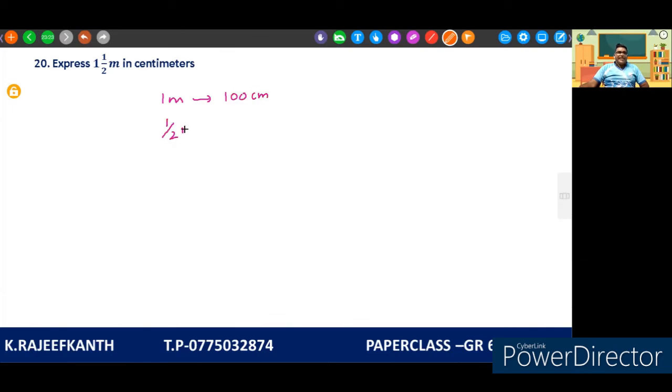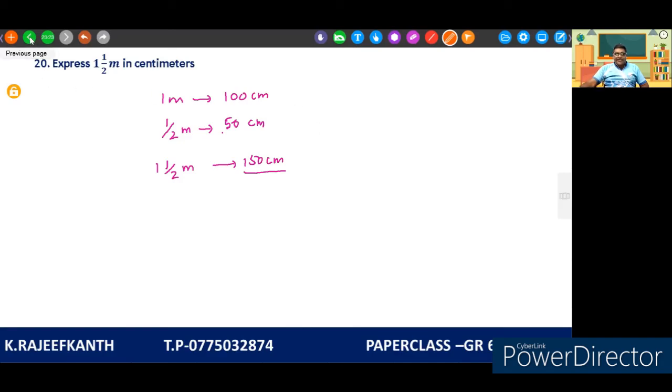Then half meter is equal to 50 centimeter. Then if we convert this 1.5 meter into centimeter, we get the answer as 150 centimeter. Because in 1 meter there are 100 centimeter, and half meter is equal to 50 centimeter. Then the answer is 150 centimeter.